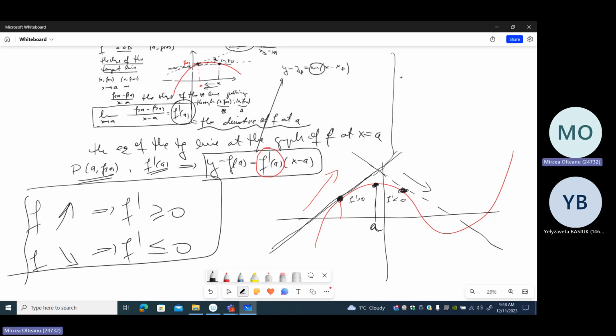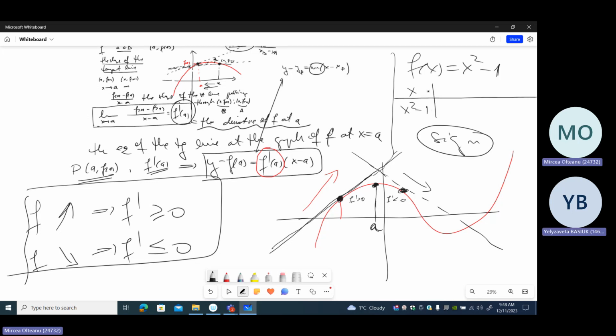For example, do you know the sign of the quadratic function? Let's take a quadratic function, x squared minus 1. Do you know the sign of this function? Do you know what the sign means? Positive or negative? Yes. Let's make the table of sign of this elementary function, for example.